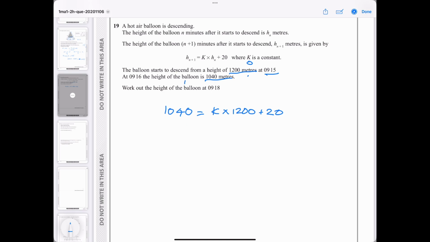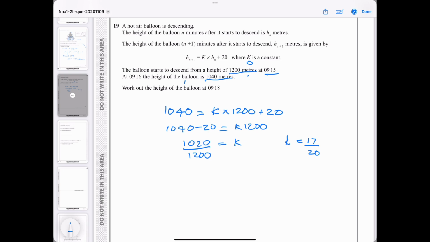So 1040 minus 20 equals k times 1200. That is 1020 equals k times 1200, so k equals 1020 over 1200, so k equals 17 over 20.